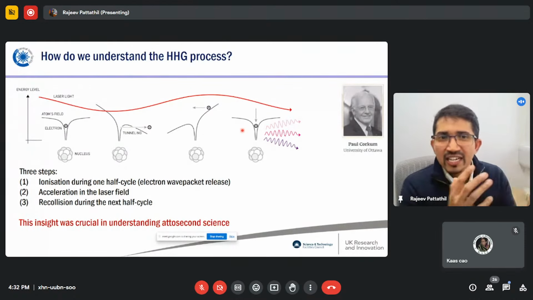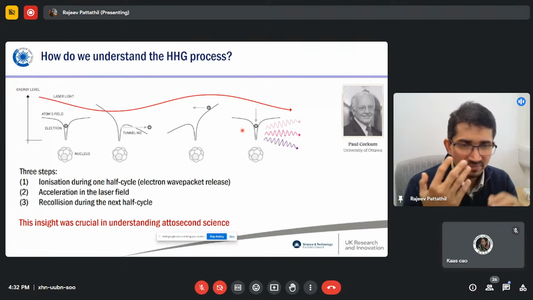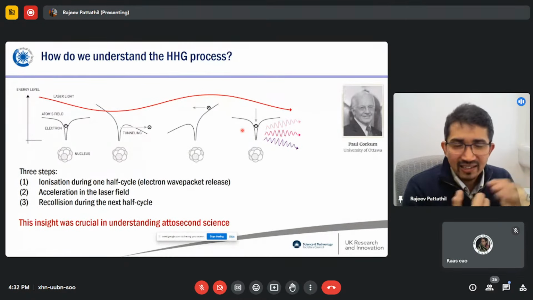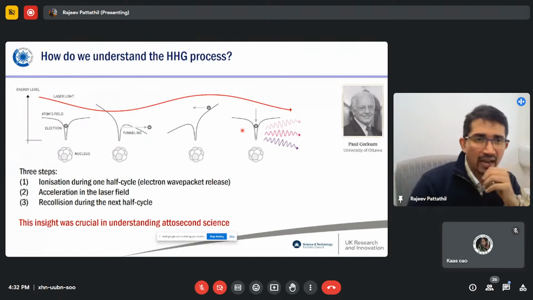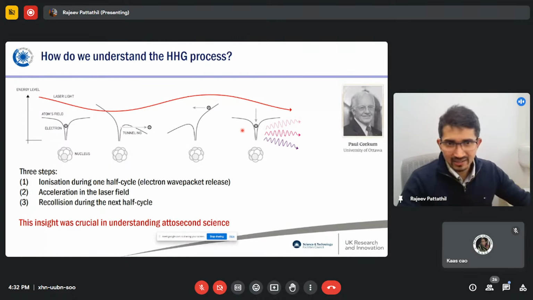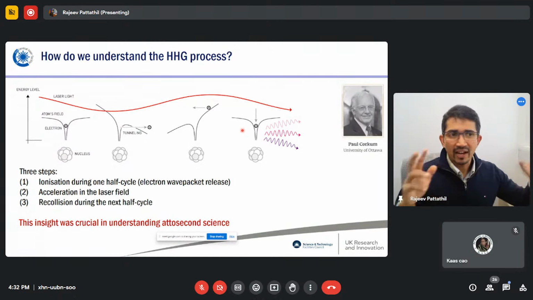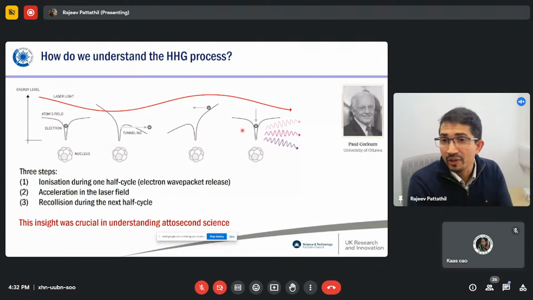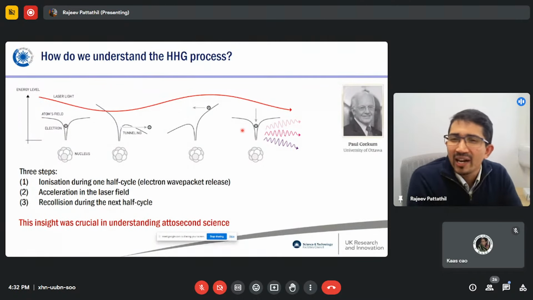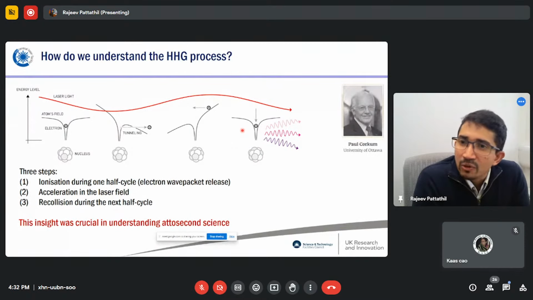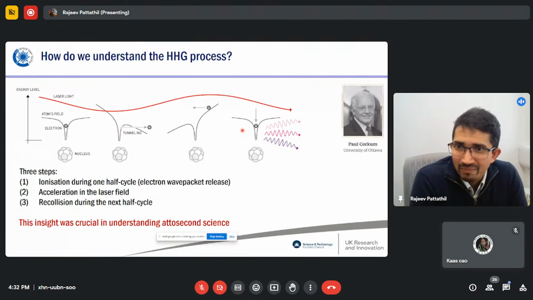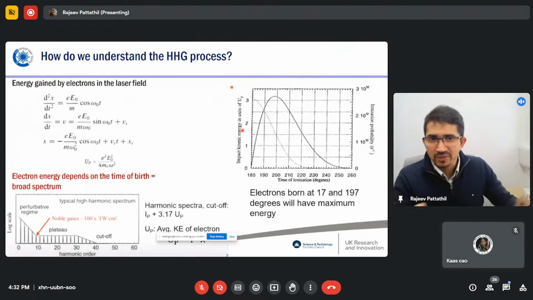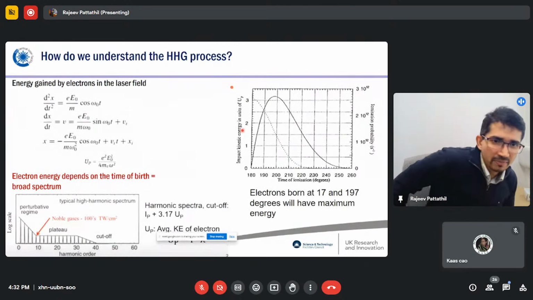So this three-step model, where the atom ionizes, the electron gets accelerated in the electric field, and then goes back into the atom and collides with it, producing these high harmonics in the XUV, extreme ultraviolet regime, was critical in understanding how this whole phenomenon works, and how this could, in principle, produce attosecond pulses. So this is actually from his paper.